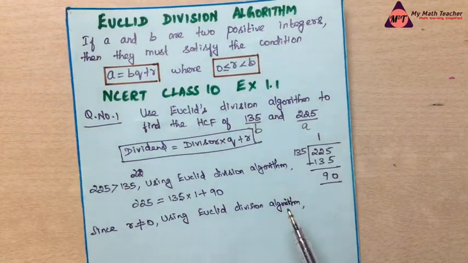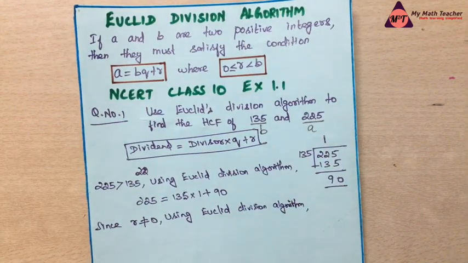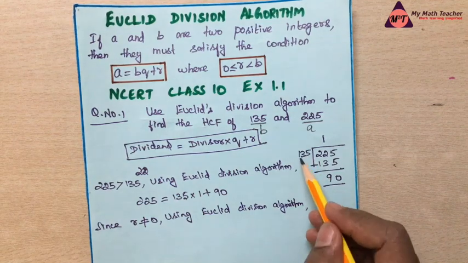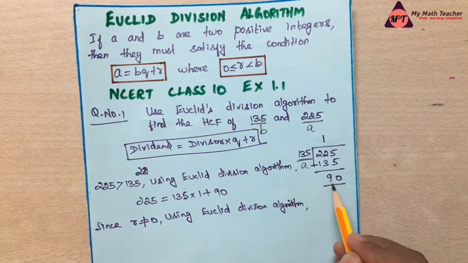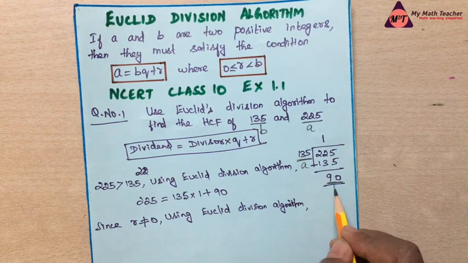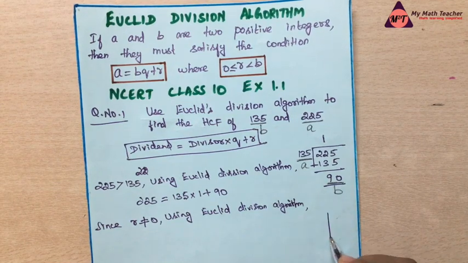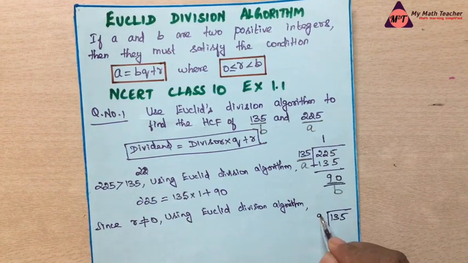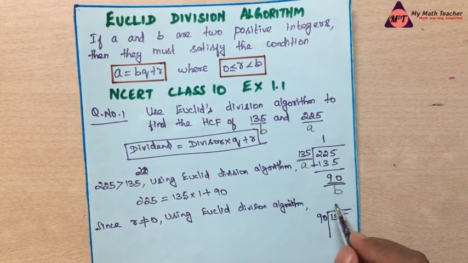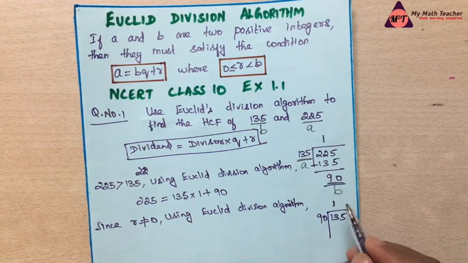Now we are going to do the division again with these two numbers. The divisor will be taken as A and the remainder will be taken as B. Now divide 135 by 90. How many 90s will be there? Here only one.